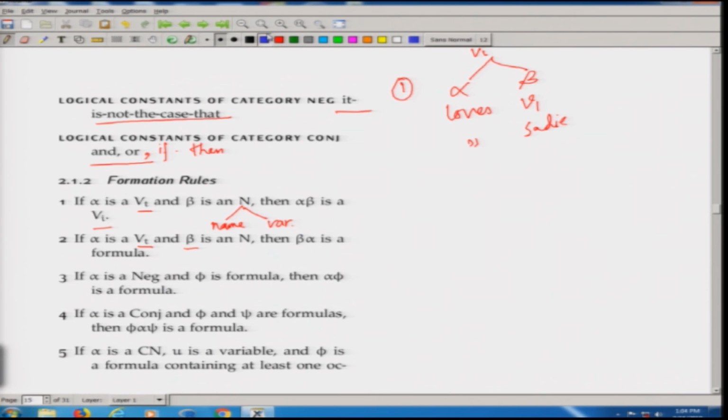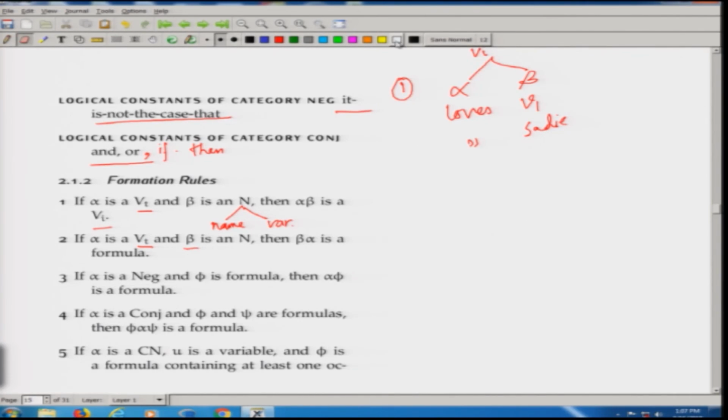What is rule 2? Then if alpha is a Vi and beta is an n, then beta alpha is a formula. So what does it mean? Once again, alpha and beta. There is a mistake I can see here. Actually this is not Vt, this is rather Vi.